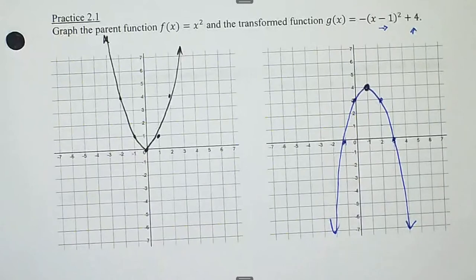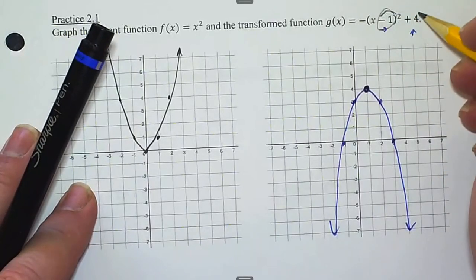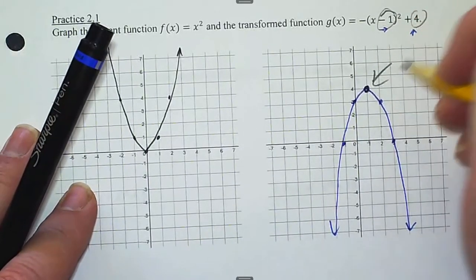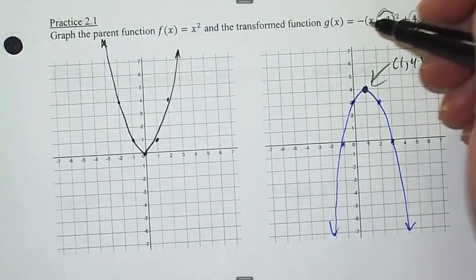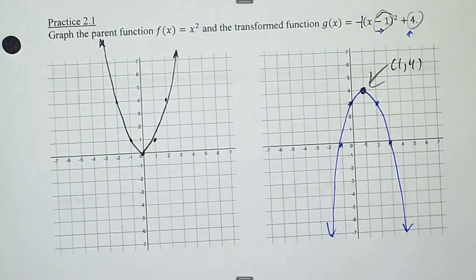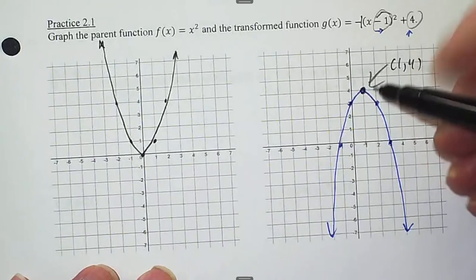But let's make connections to the vertex form here. This point here, the opposite of it, comma that, is my vertex. Right there at 1, 4. Then this negative 1 tells you how you need to move as you go left and right. So if I go to the right 1, I go down 1.